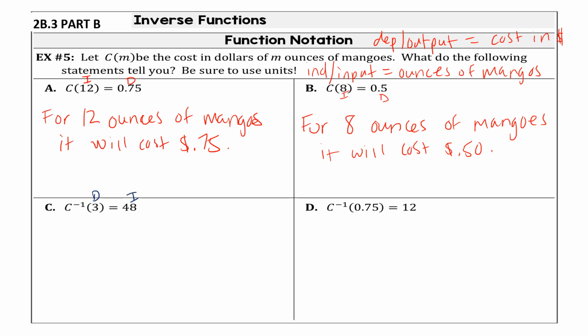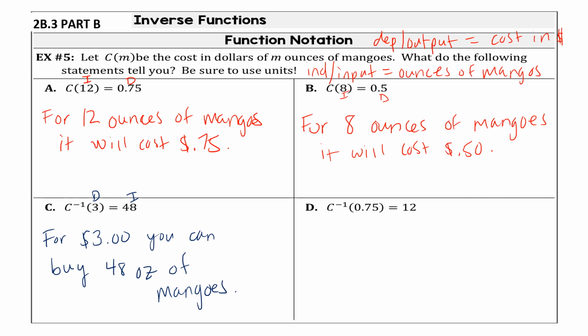So when I read this, it's saying if you have $3, you can buy 48 ounces of mangoes.